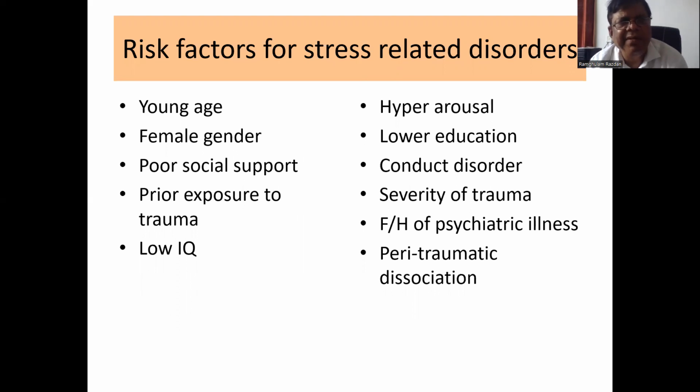Education, female gender, they are more susceptible to stress. Then some menstrual-related disorder may be there, as a result of trauma. Low IQ. This is one of the important areas. I think so many people are retarded, but they are not diagnosed because people are not aware of it.